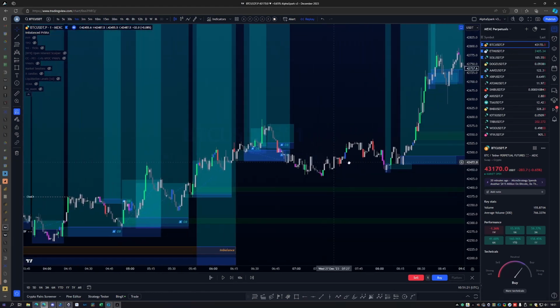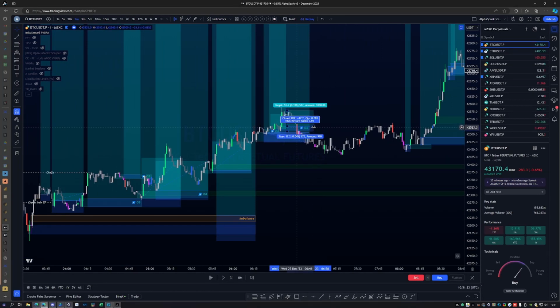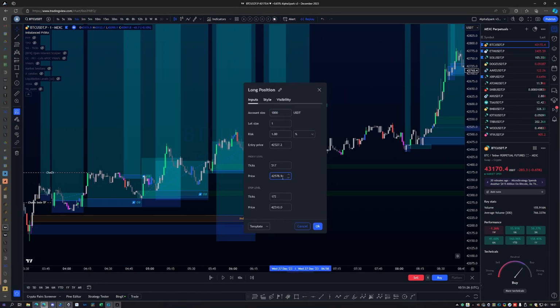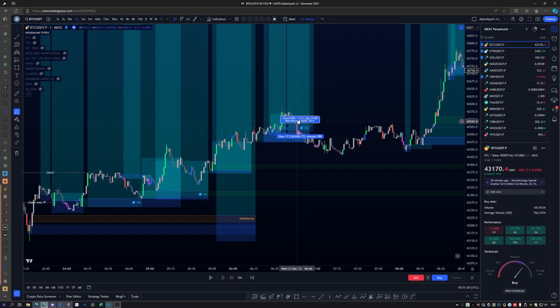We would have lost 7% in trades. Did I include this one? Okay, let's say 8%. I'm not sure if I counted this one. We would have lost 8% in trades doing this.